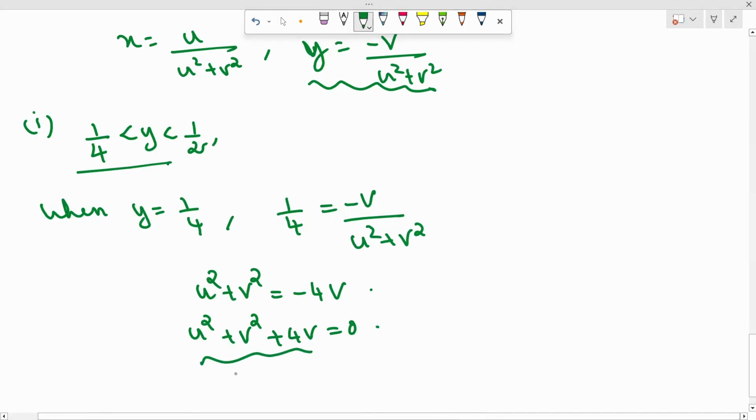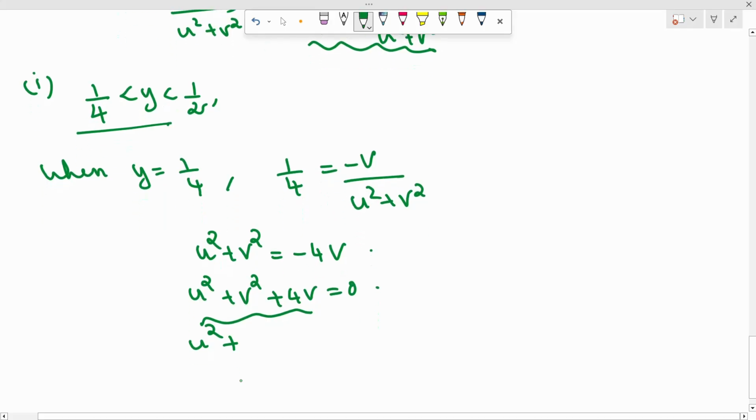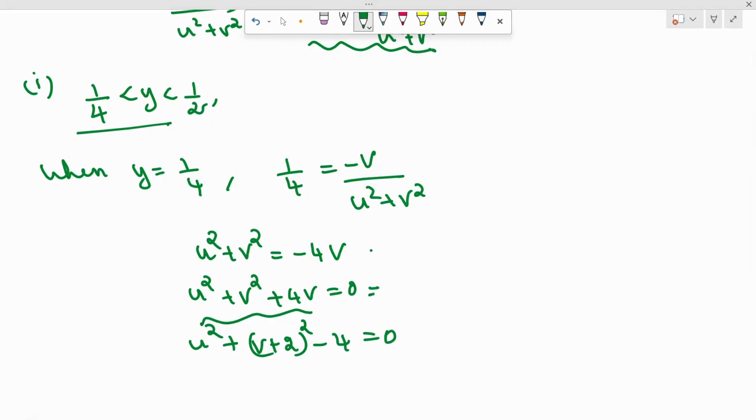This can be written as u square plus v plus 2 whole square minus 4 is equal to 0, because we add and subtract 4 here: u square plus v square plus 4v plus 4 minus 4 equal to 0.